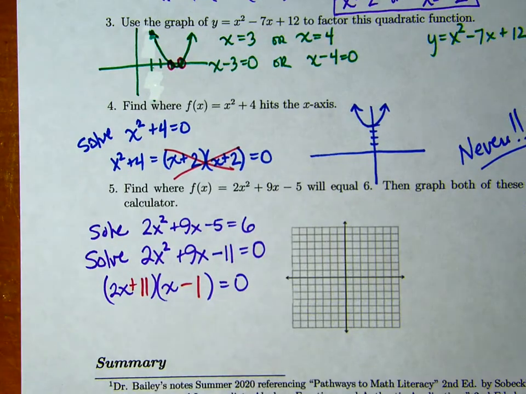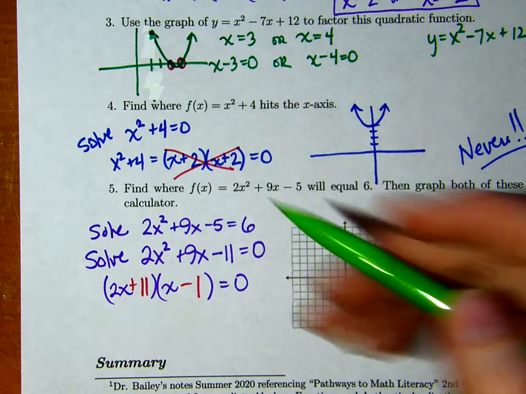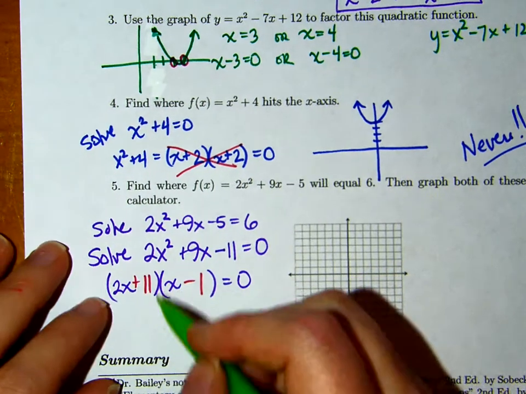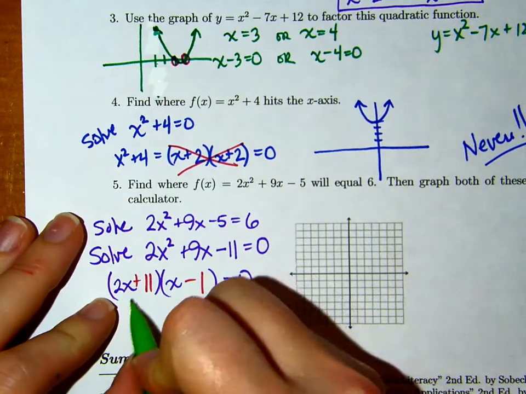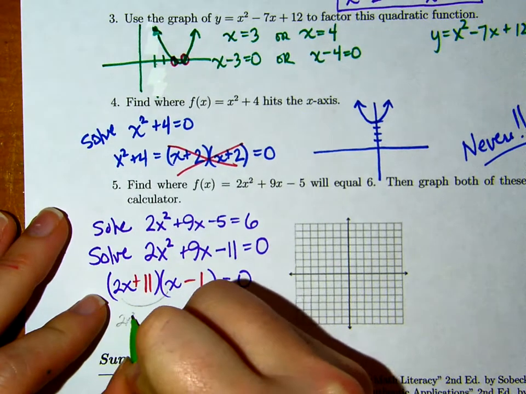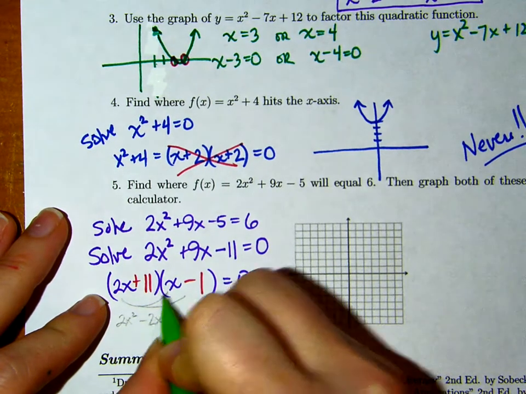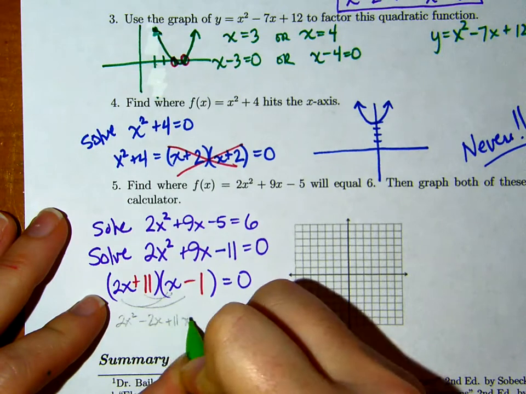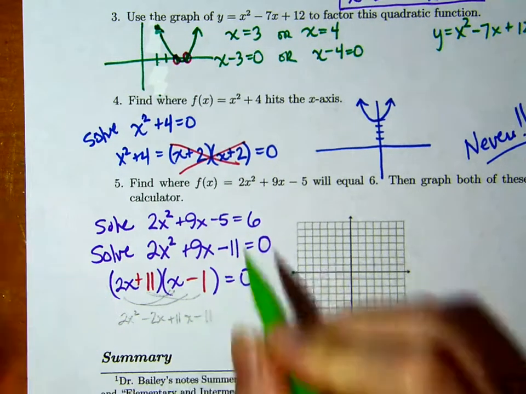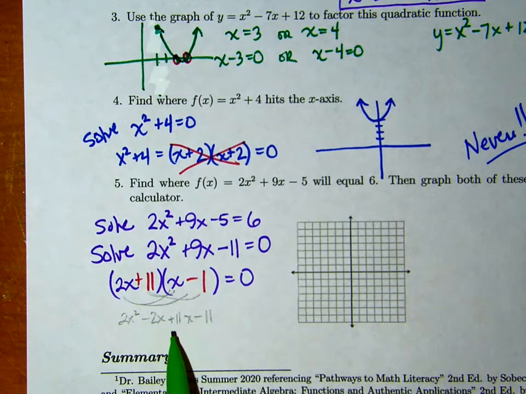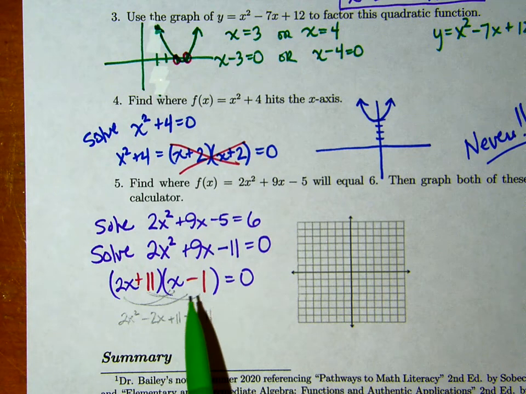Let's try this first. Okay, get my trusty pencil out because factoring never goes well on the first attempt. 2x squareds minus 2x's plus 11x's minus 11. That did it. That's the correct factoring.